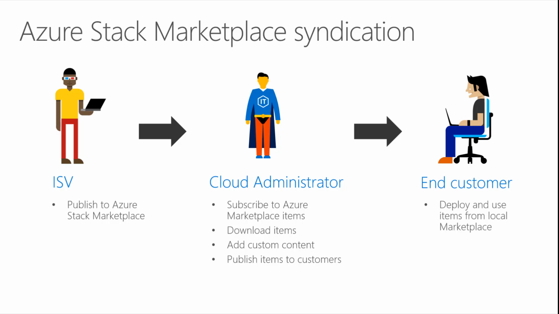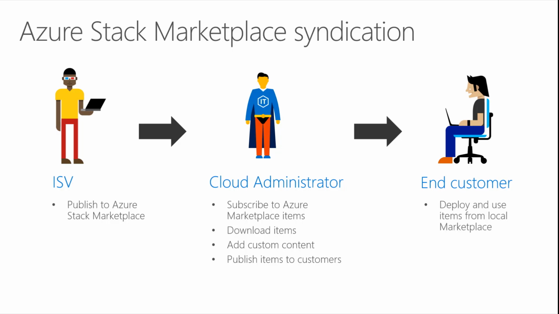Once those are out there, the cloud administrator subscribes to the Azure Stack Marketplace items and downloads them. They can add custom content. Maybe they had a Linux server, but it's not quite like the gold image the customer is used to having. They could download that image and tweak it, or even create a custom image exactly the way they want.